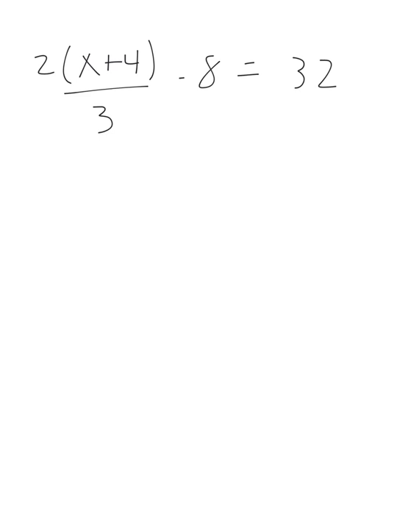So let's go ahead and take a look at what multiplying both sides by 3 would look like. So this is where it gets a little tricky. When you multiply both sides by 3, everything has to get multiplied by 3, including the minus 8. So now the only thing that's clearing out is the 3, but we have to multiply this by 3.